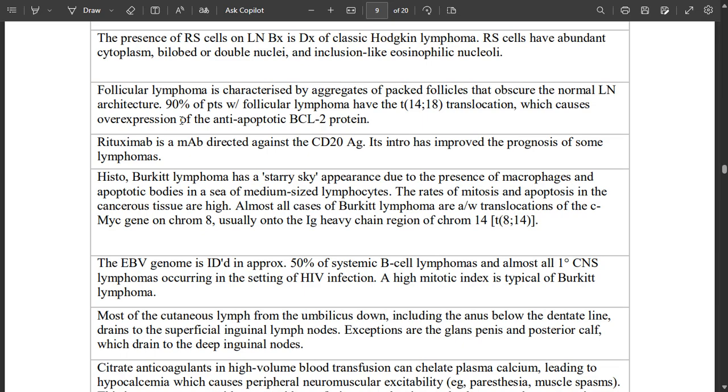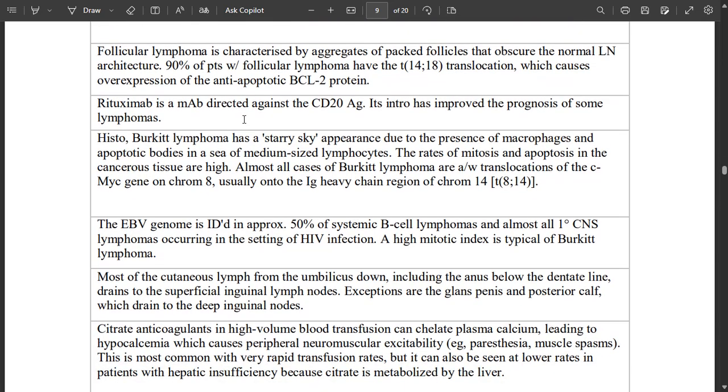I think it is present on the outer surface of mitochondria, and when the mitochondrial membrane is disrupted, cytochrome c is leaked out and activates caspases, which results in apoptosis. Anti-apoptotic means it escapes cell death and thus results in cancer. So follicular lymphoma with the 14;18 translocation has anti-apoptotic BCL2 protein expression, thus preventing cell death and resulting in cancer.